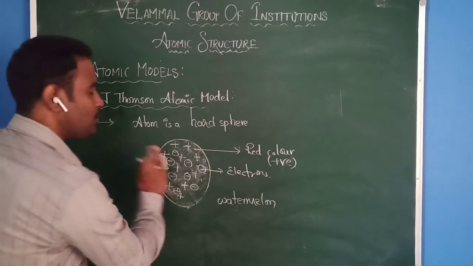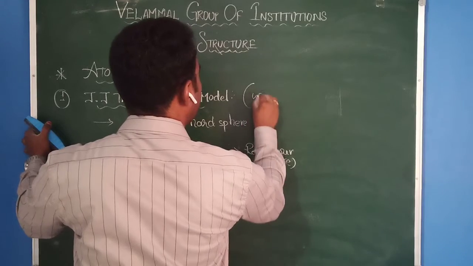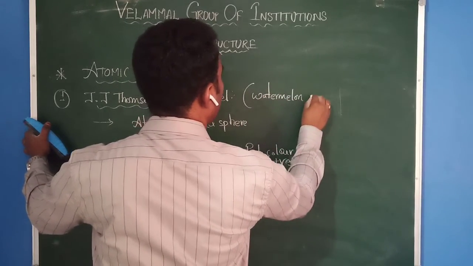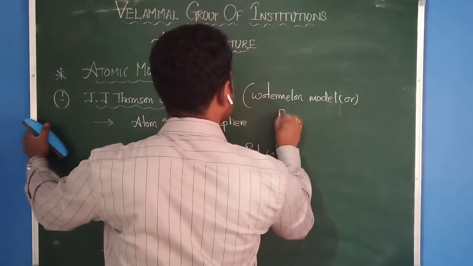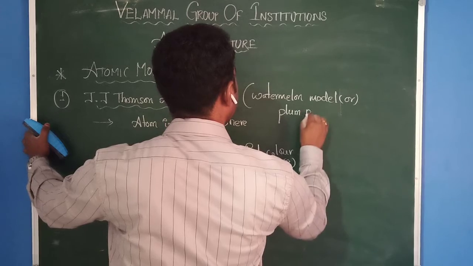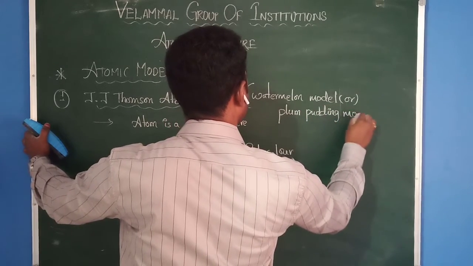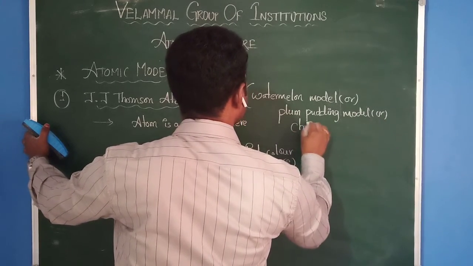That is why this J.J. Thomson model is also called the watermelon model. One more name is the plum pudding model, or another name, the Christmas pudding model.